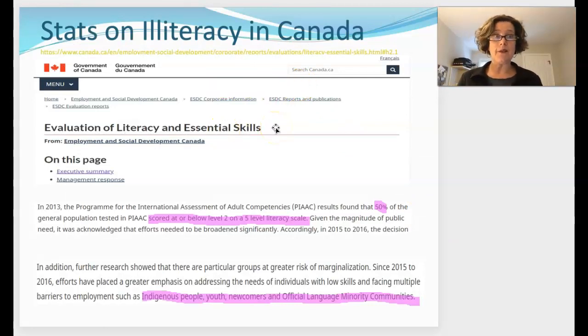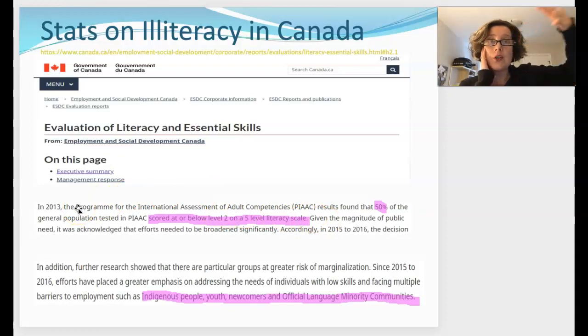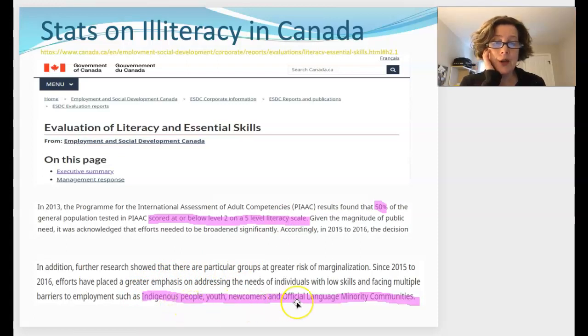So I went to the Government of Canada statistics website, and in 2013, which is the last major survey on this particular topic, they found that 50% of the general population tested on the PIAAC scale scored at or below level 2 on a 5-level literacy scale. A lot of these people came from Indigenous people, youth, newcomers, and official language minority communities.